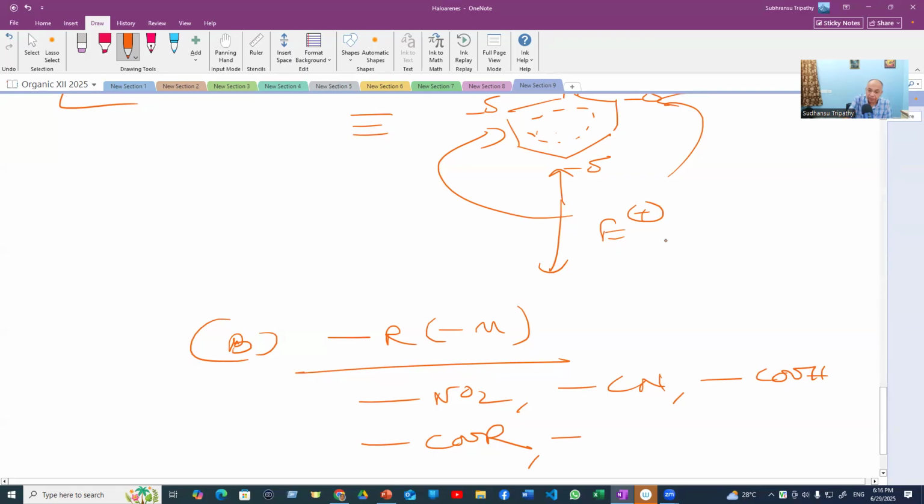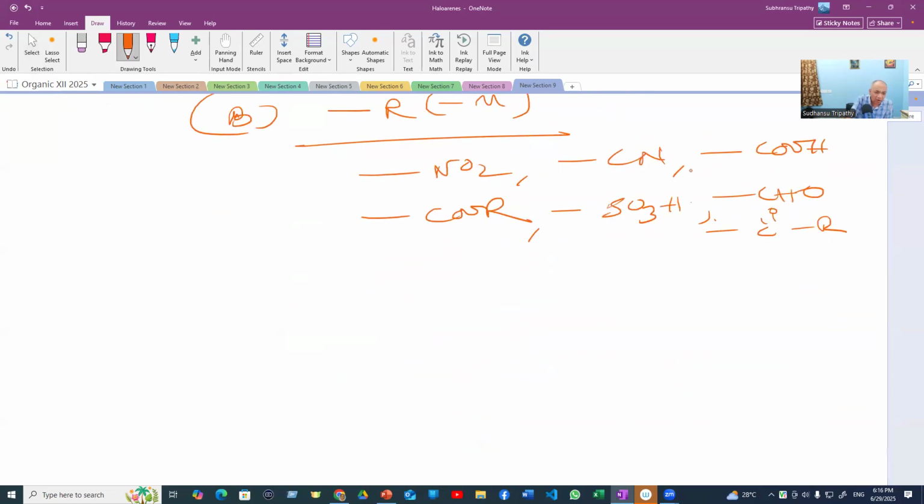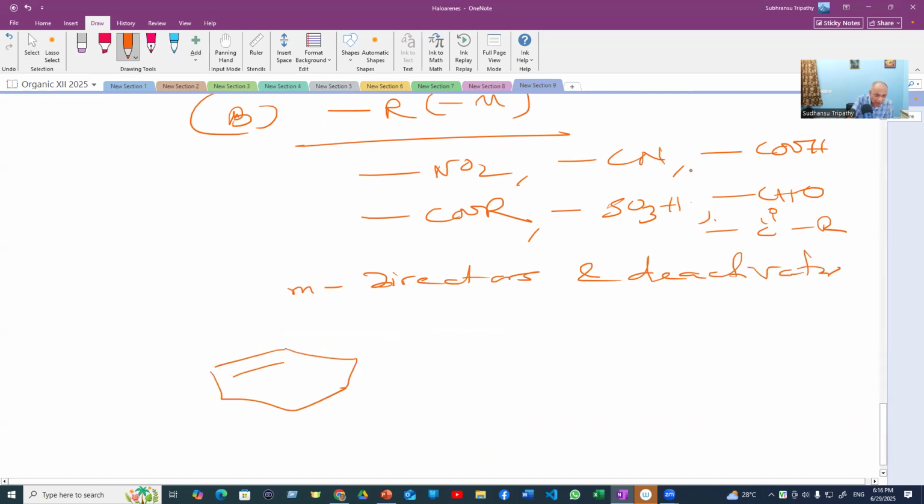You have SO3H and so on. Aldehyde, ketone, all these are minus R groups. They are always meta directors and deactivators. They slow down the reaction.